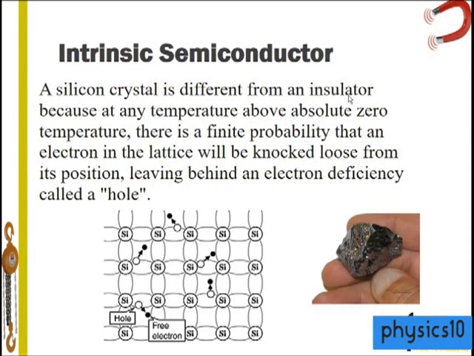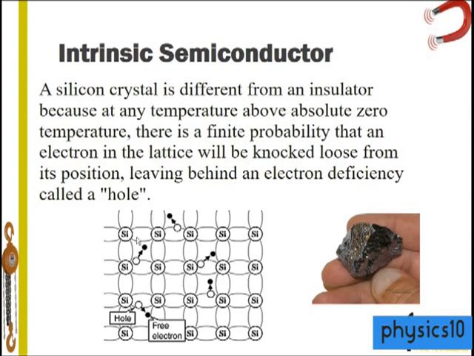In an insulator, that could happen at high temperatures, but in a silicon crystal, that happens to some degree when there is an increase in temperature. Not necessarily the case always with an insulator.